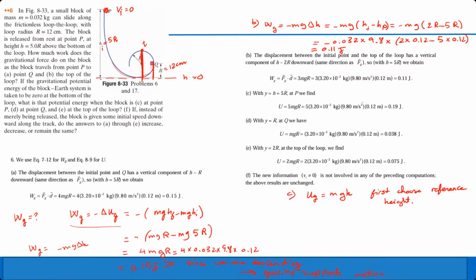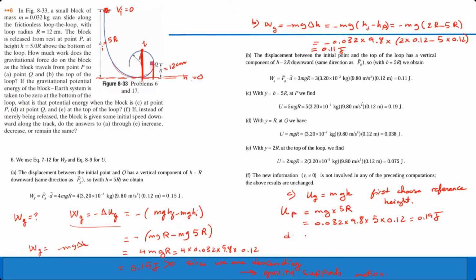I chose the ground here to be where the height is considered to be 0, and I'll measure everything with respect to that. So we want U at P. This is going to be mg times 5r. And basically that's 0.032 times 9.8 times 5 times 0.12. And this is 0.19 joules.